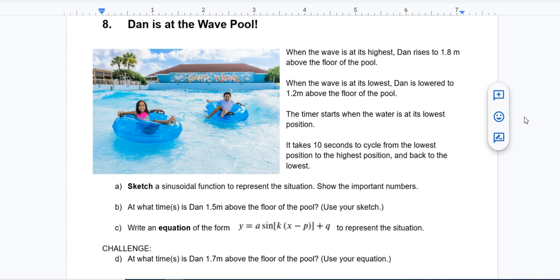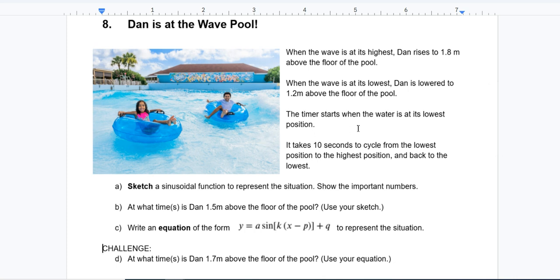When the wave is at its highest, Dan rises to 1.8 meters above the floor of the pool. When the wave is at its lowest, Dan is lowered to 1.2 meters above the floor of the pool. So you have the floor of the pool, the maximum height is 1.8 meters and the minimum height is 1.2 meters.